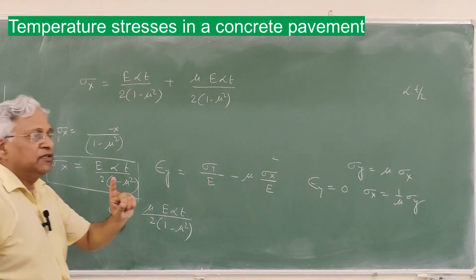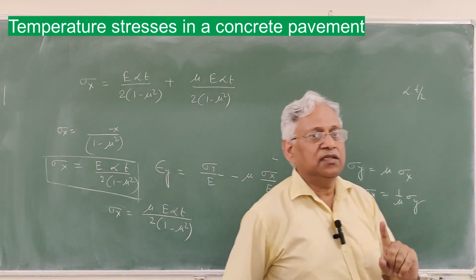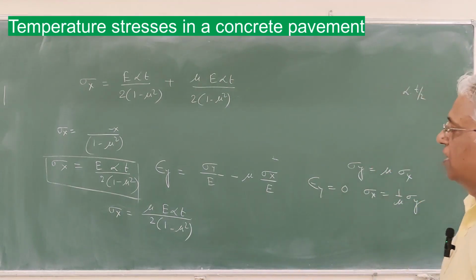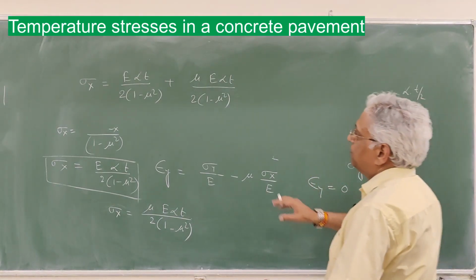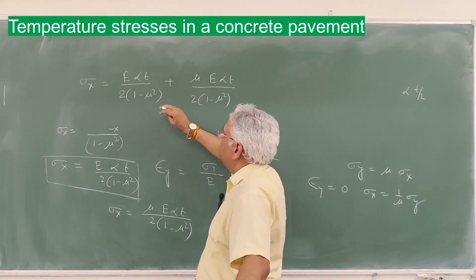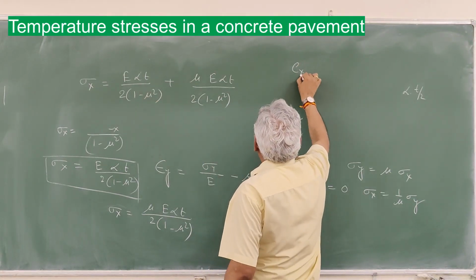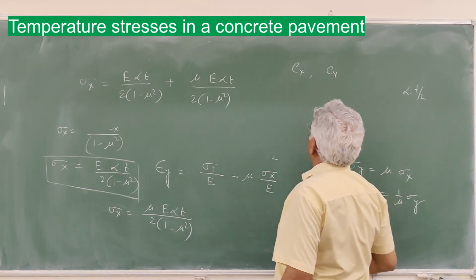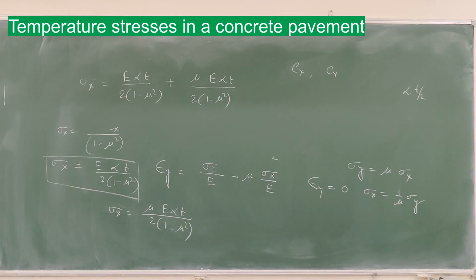But actually the slab is not infinite. Slab is finite in both directions, x and y, and therefore these must be corrected by some factor. And that factor let us call Cx in x direction and Cy in y direction.